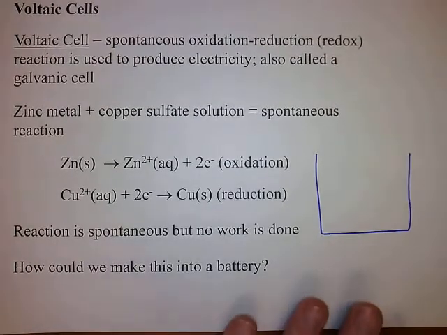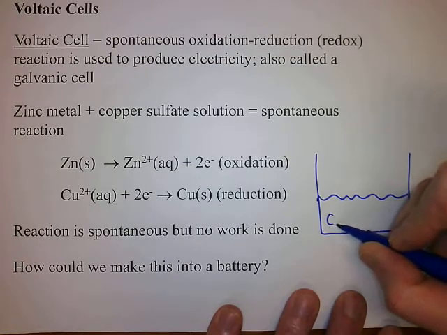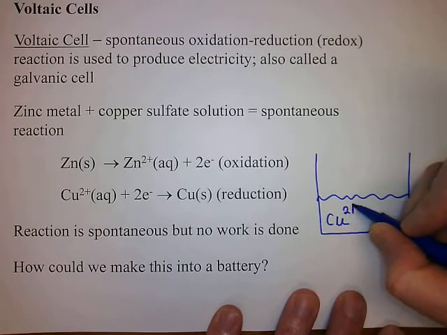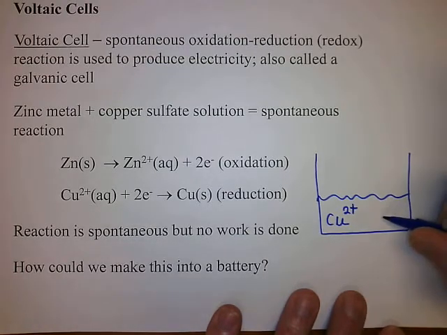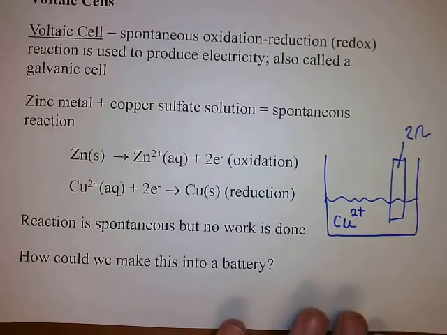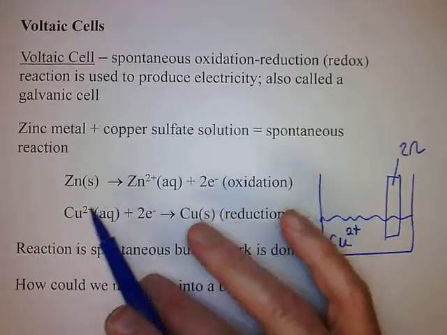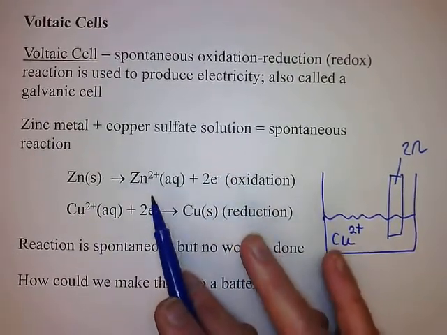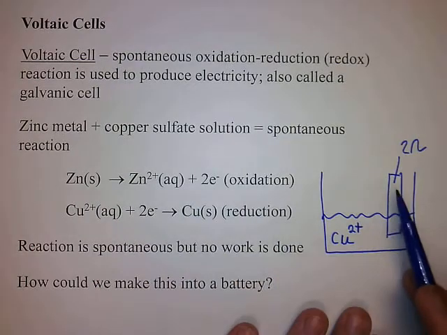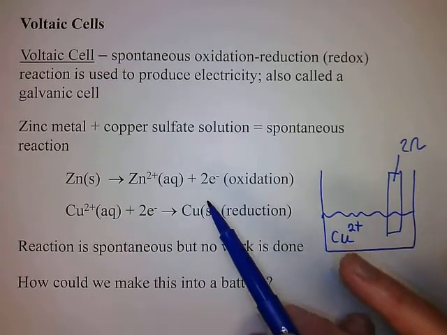We're going to have some copper-containing solution, and we're going to add a zinc strip to that. And what's going to happen is that the zinc is going to be oxidized to zinc 2+. In other words, the zinc solid in the metal is going to oxidize and go to zinc 2+ ion in solution, right? That's the definition of oxidation.